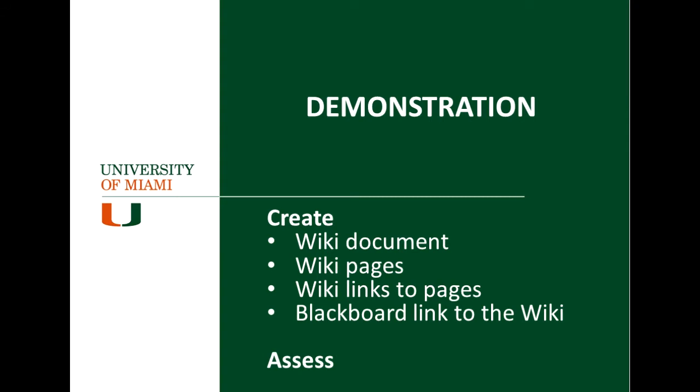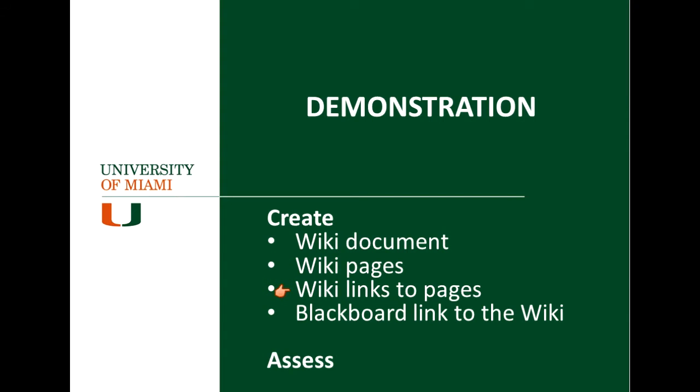Okay, so now comes a demonstration. I'm going to create the wiki document. I'm going to create wiki pages. Now I'm just going to create the home page and one secondary page. Speed it up.